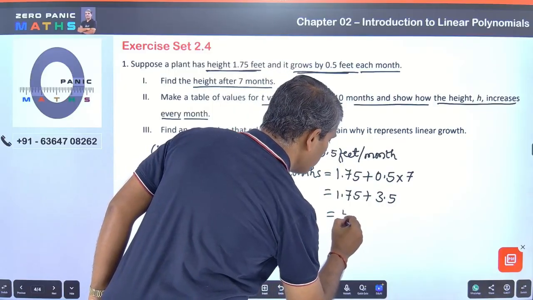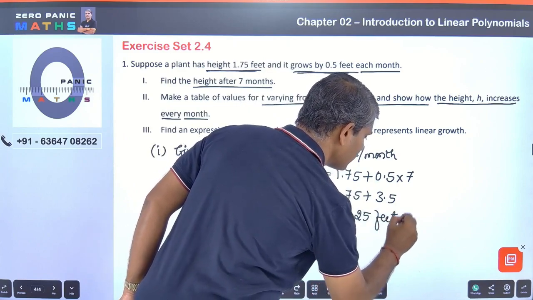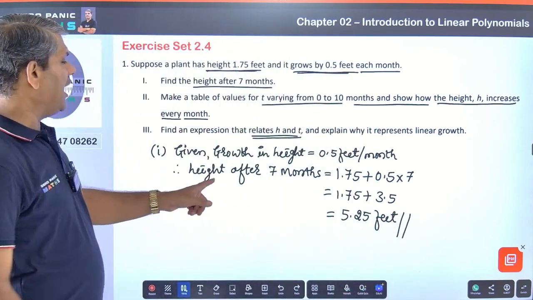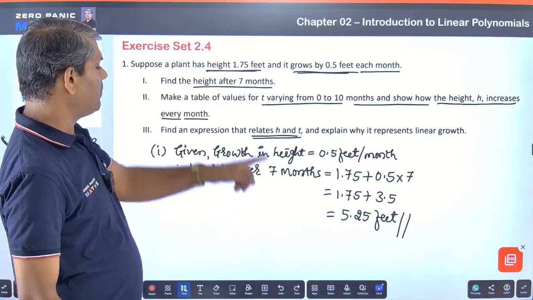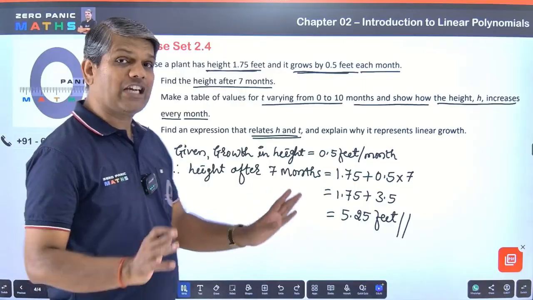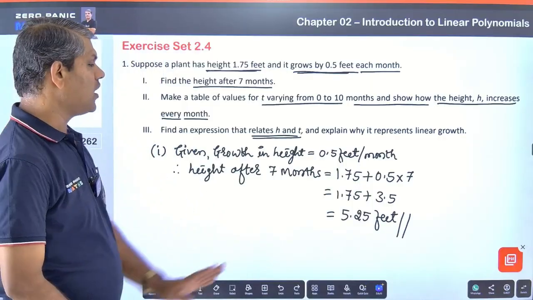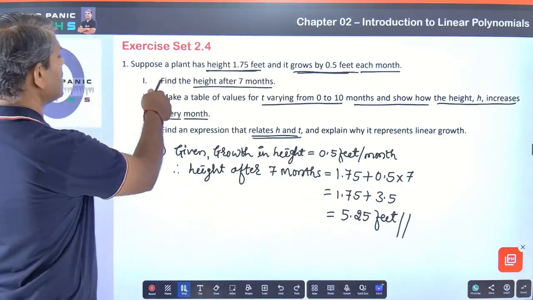So that will be 5.25 feet. So the height of the plant after 7 months is 5.75 feet, with a constant growth of 0.5 feet every month. This is the answer to the first question.